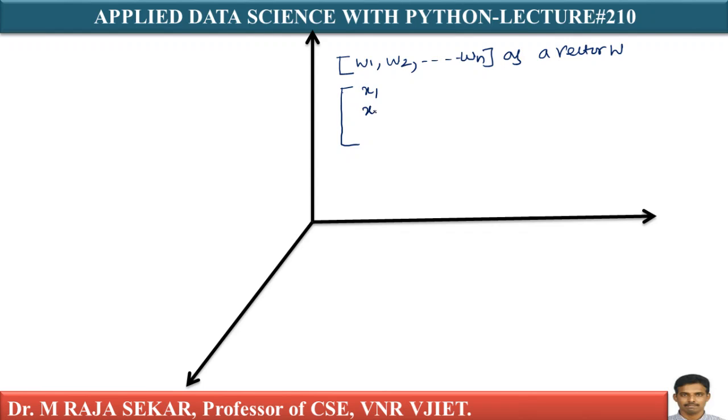X1, X2, so on Xn. Think of this one as X. Let me say this is the X vector.